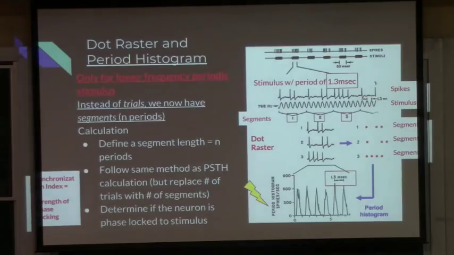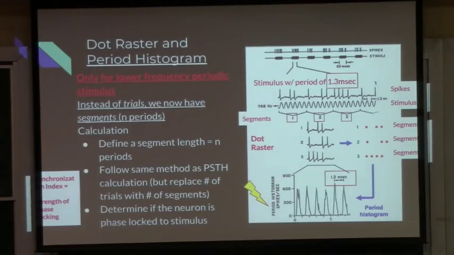Now, in our period histogram, we're not doing multiple trials anymore because we have a periodic stimulus. A periodic stimulus is very similar to a multiple trial experiment because it is a stimulus that repeats itself.